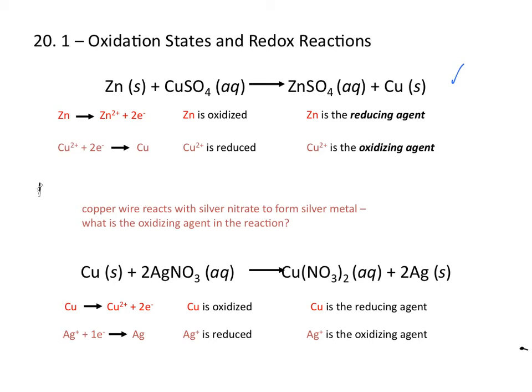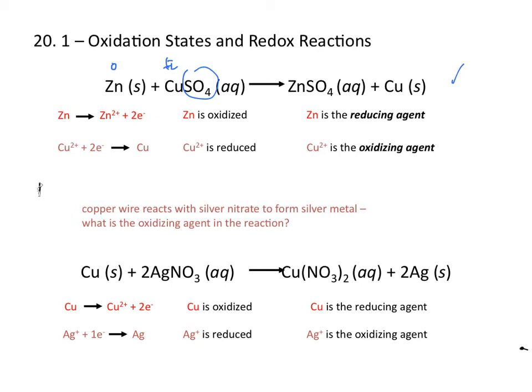We know zinc solid here is in its 0 oxidation state. Sulfate, we know that it's SO4 2-, and since it's SO4 2-, we know that the copper here has to have a +2 charge. Excuse my handwriting.